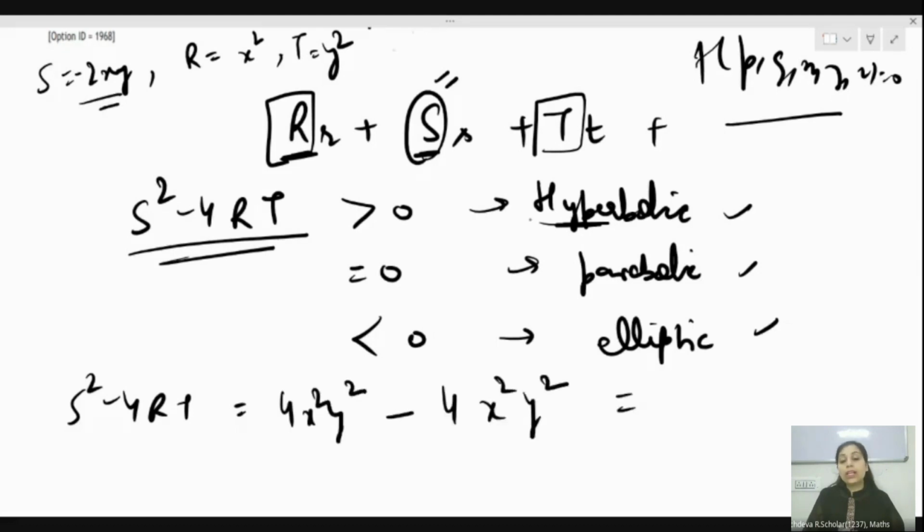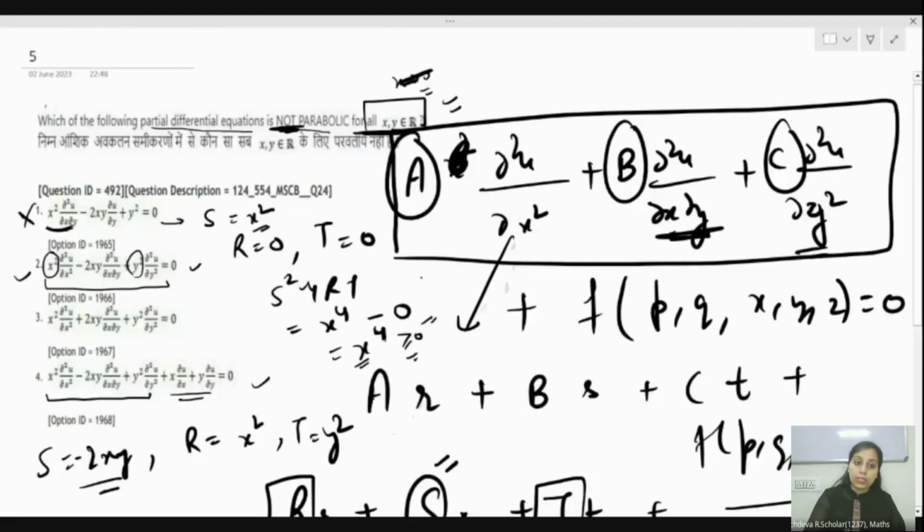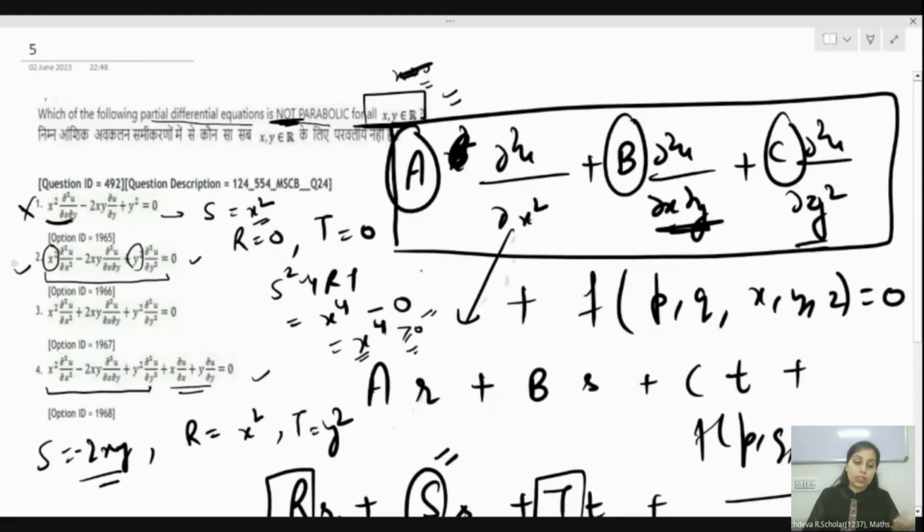So this will clearly give you 0. That means parabolic. This equation is confirmed parabolic. We come again to the first option. The second is parabolic, yes. The fourth is also parabolic, yes.